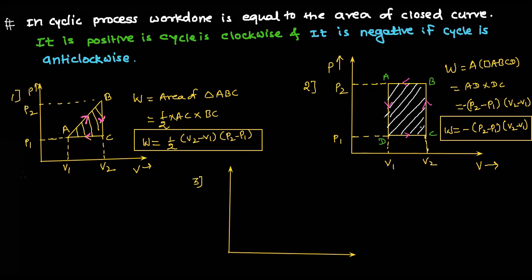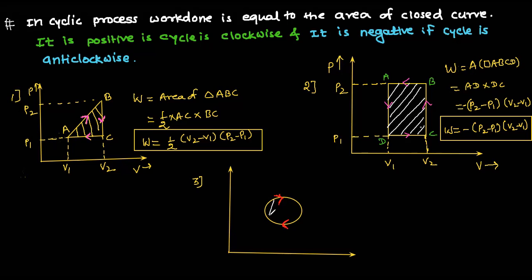Suppose you are having a circle like this circle, and I am taking this circle in the clockwise direction. Okay, this is clockwise direction. Can you see the direction properly? This is clockwise. Direction has very much importance.